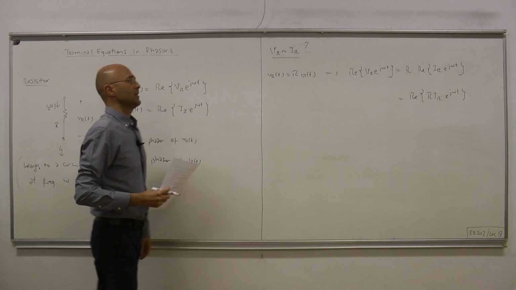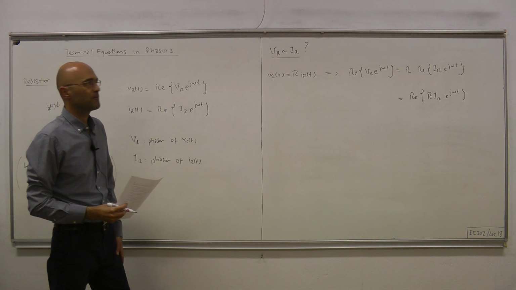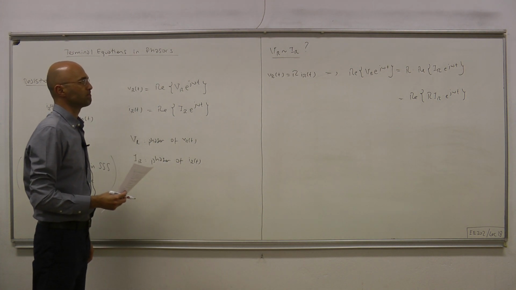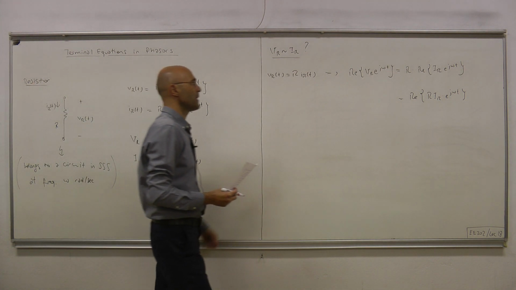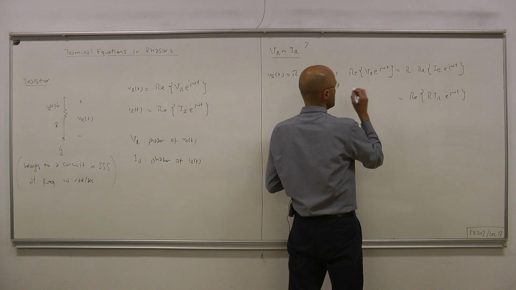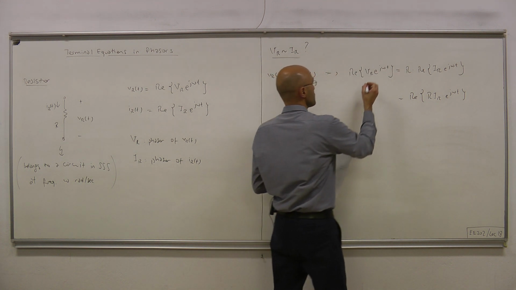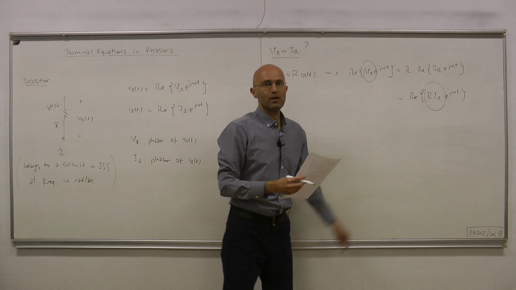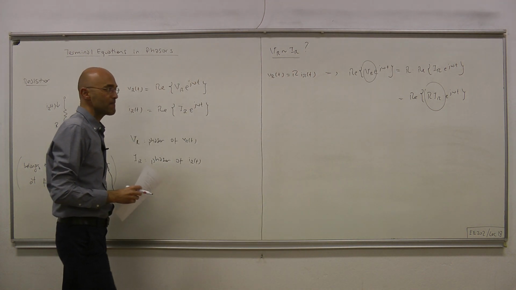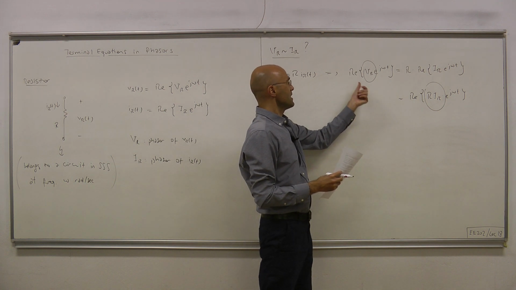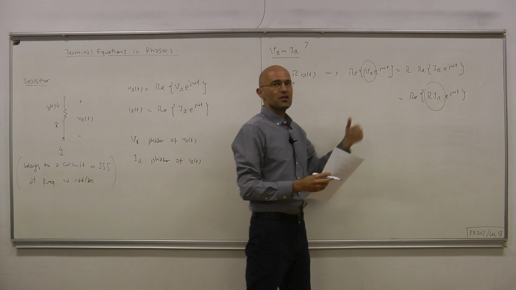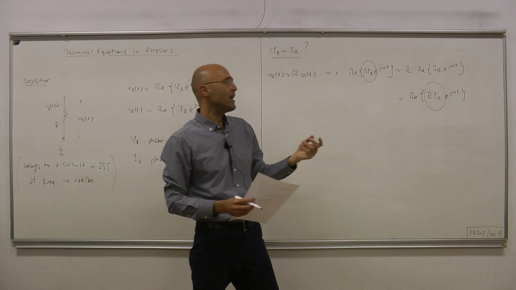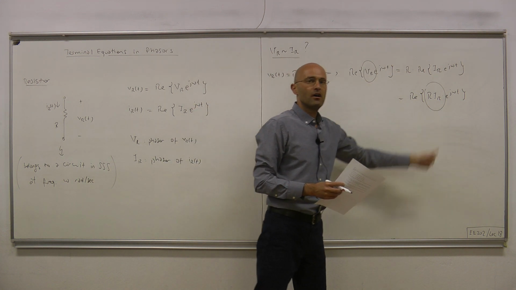Okay. Now remember from the previous lecture some of the identities that we have listed. One of those identities was the following. Suppose that you have two complex numbers, x1 and x2, and then you multiply both with e to the j omega t. And then if their real parts are equal for all times t, then it must be that x1 equals x2.